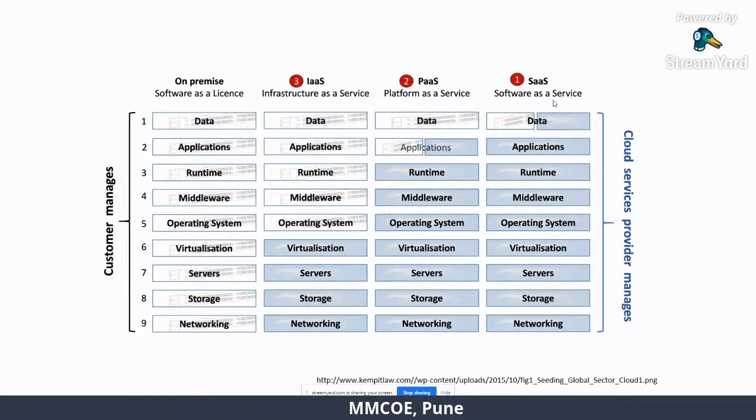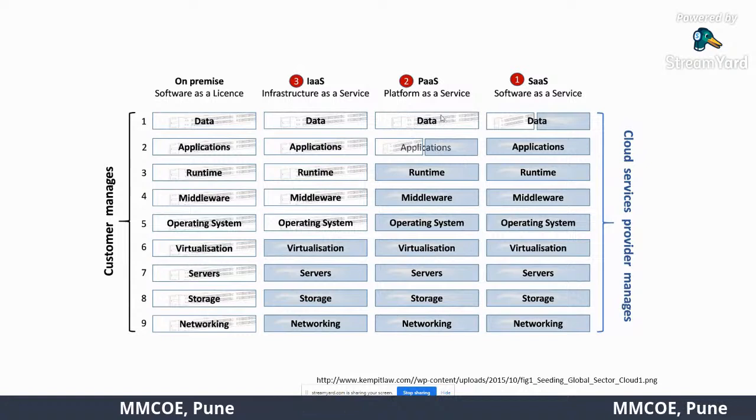When you think of on-premise, the customer controls everything. In case of software as a service, the service provider is actually managing everything: applications, runtime, middleware, operating system, virtualization, server, storage, networking.